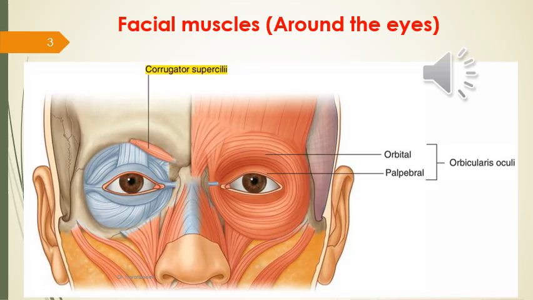We have a palpebral part that enters the upper and lower eyelids. It originates from the medial palpebral ligament, goes laterally and joins to the opposite eyelid, and the third part of orbicularis oculi is the lacrimal part that is attached to the lacrimal lake.